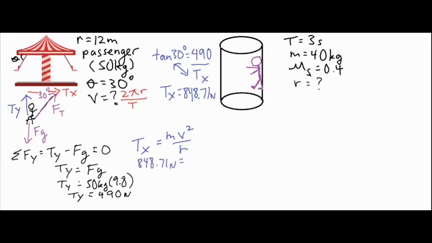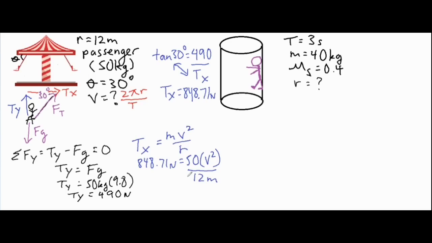Now from there, if I know 848.71 newtons is equal to this side, I know the mass is 50 kilograms from the original values of the problem. I'm looking for v squared, and I do have my radius of 12 meters.